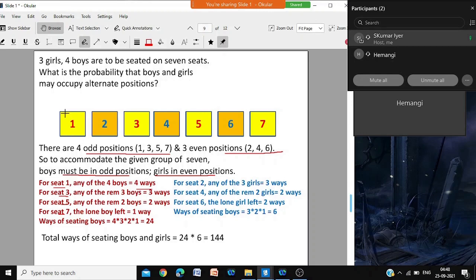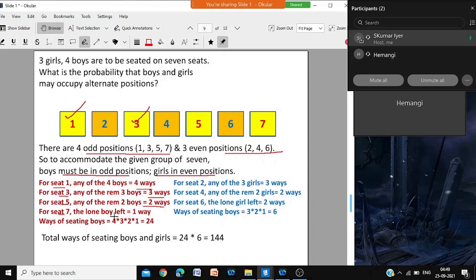Now once you have allotted this seat to a boy, now you got only 3 boys left. So the second seat, you have got only 3 boys, that means only 3 choices. Then 2 of the boys you have given the seat, now only 2 boys are left. So now you have got only 2 choices, either this boy or that boy.